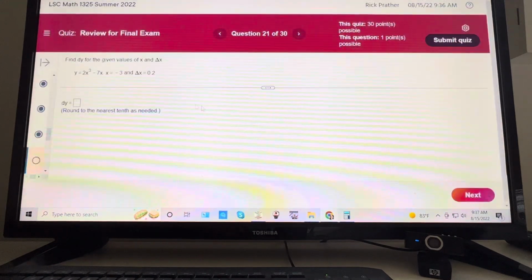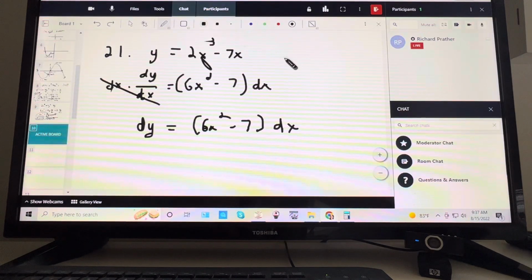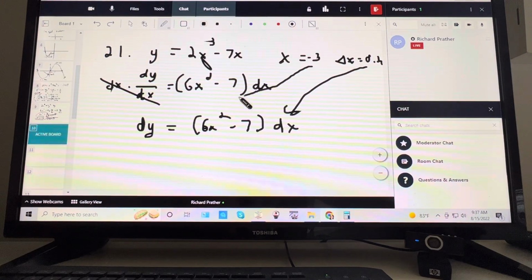They're telling me that x is negative 3, and delta x, which really is dx, the change in x, equals 0.2. So this goes in for dx, and this goes in for x, and then we can get a numerical answer rounded to the 10th or whatever they say.